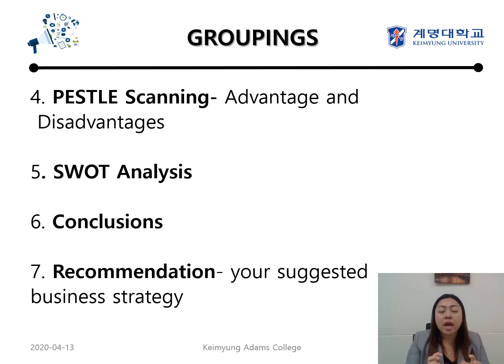So check their position. Do they have an advantage in terms of politics? Which area of politics do they receive some incentives in terms of paying taxes, or in terms of community or the society? Do they have a potential buyer, a prospective buyer that will really patronize their products? And also some of the disadvantages.